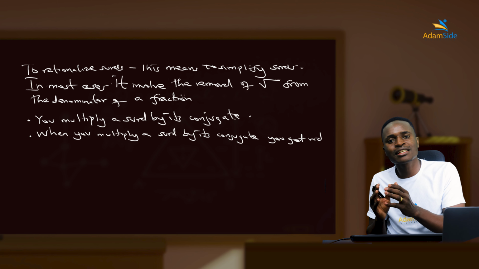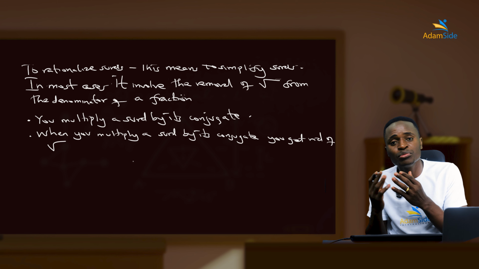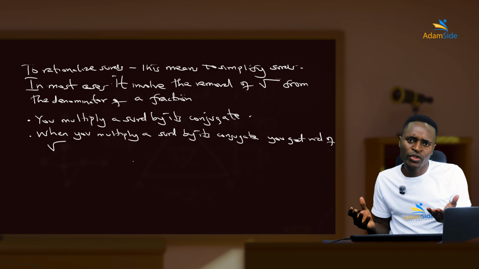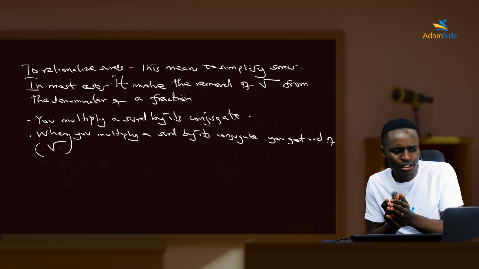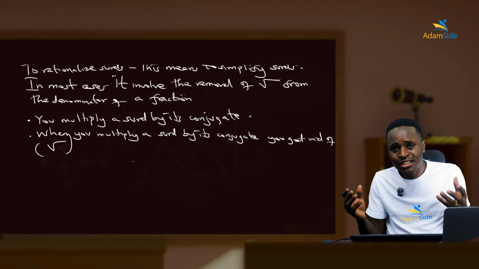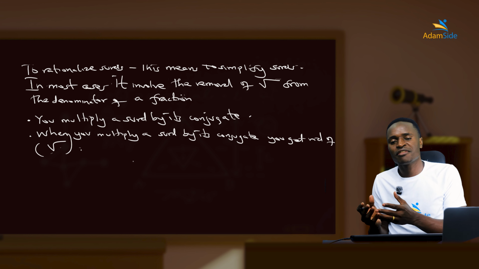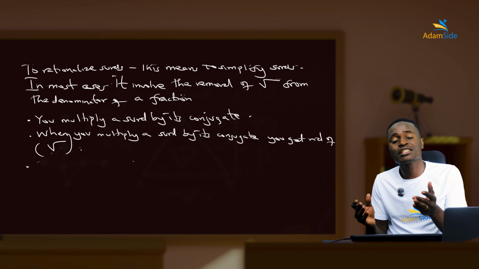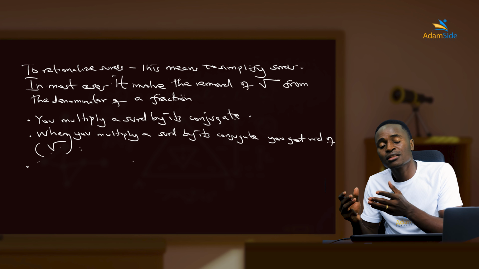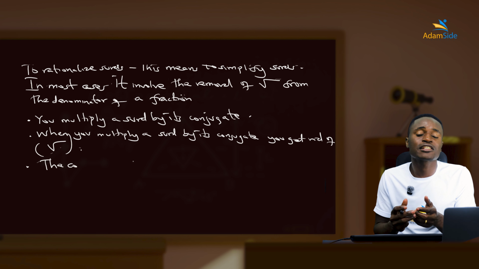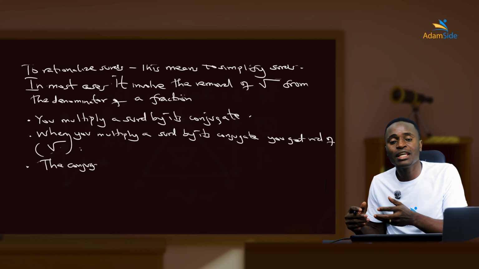So you can change the sign of an algebraic expression that is written in the form of a surd. For example, if you have an algebraic expression x plus 5, its conjugate will obviously be x minus 5. If you have x minus 7, its conjugate will be x plus 7.